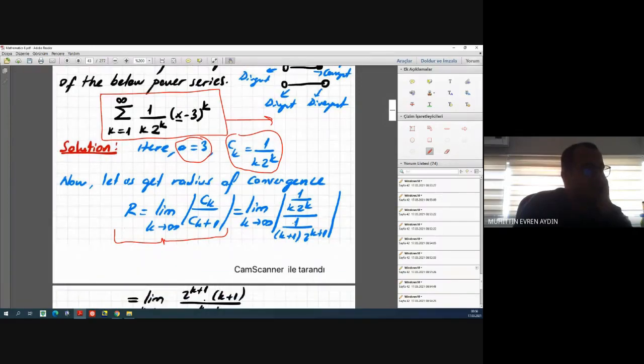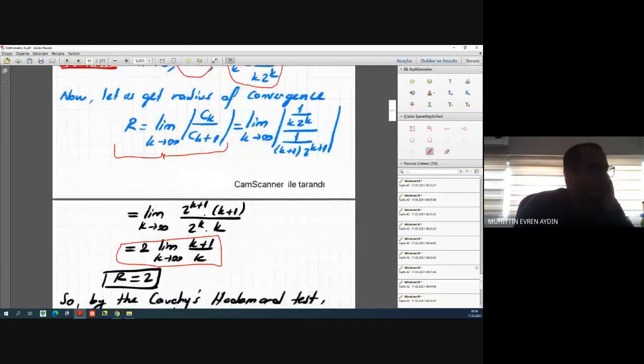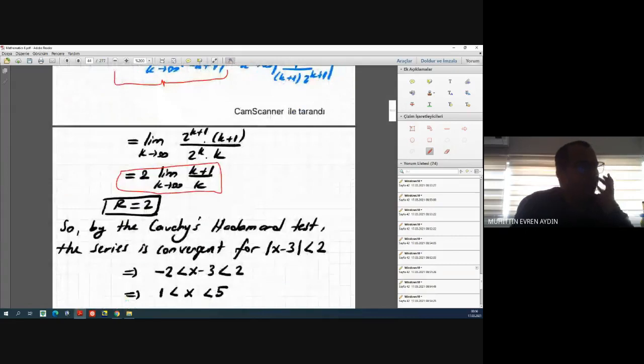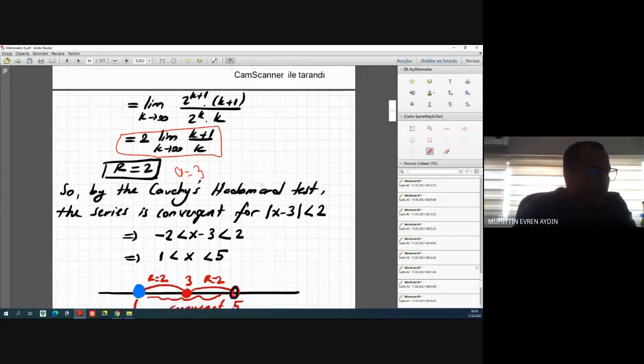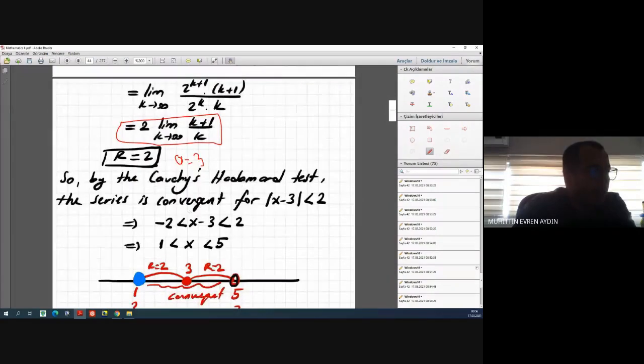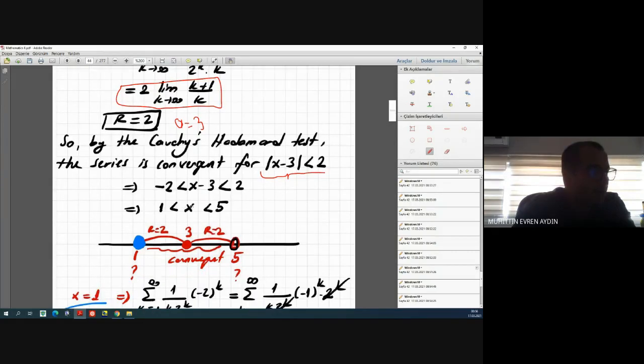Those calculations are simple. We have the center equal to 3 and the radius 2, so, as can be seen from this inequality, our interval is the open interval (1,5).